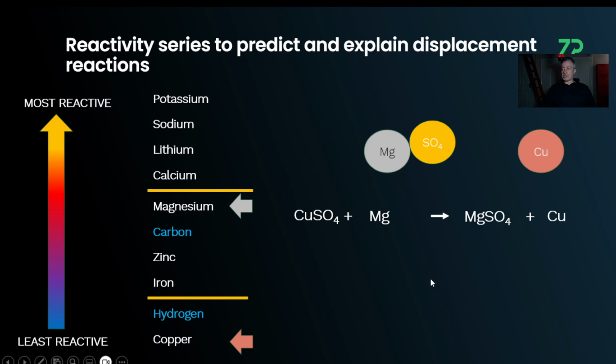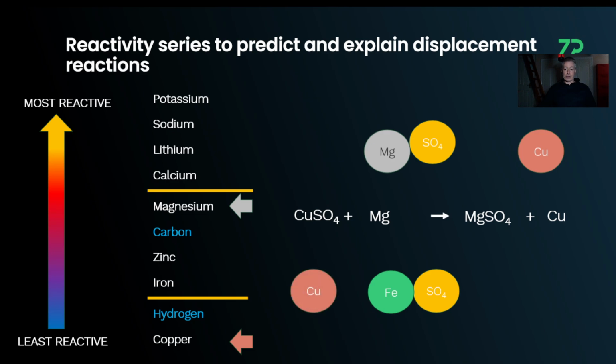Now, if we think about iron sulfate, for example, and we try to react that with copper, now iron is above copper. So can you predict whether those will react or not? I'll give you 3 seconds. So the answer is they don't react, and that's because iron, which is the more reactive, is already reacted.